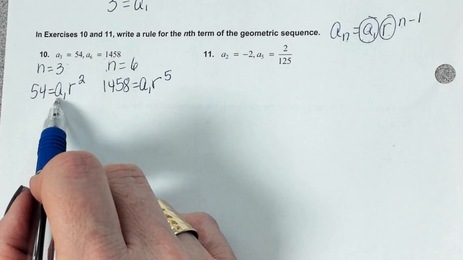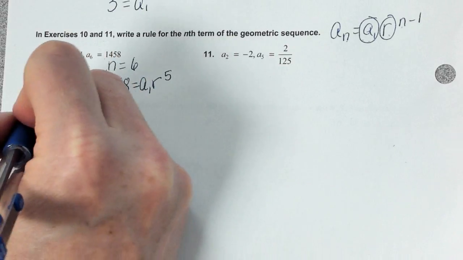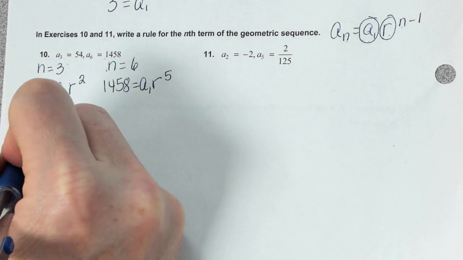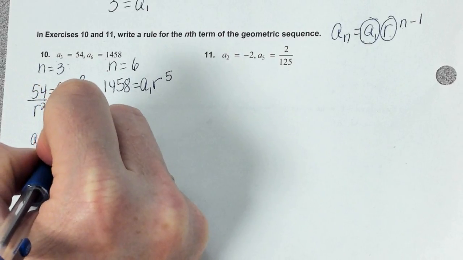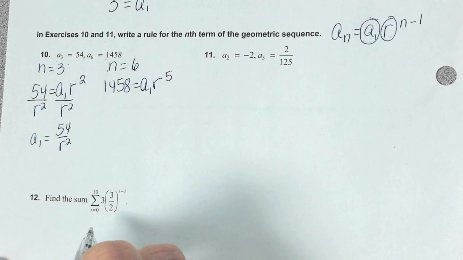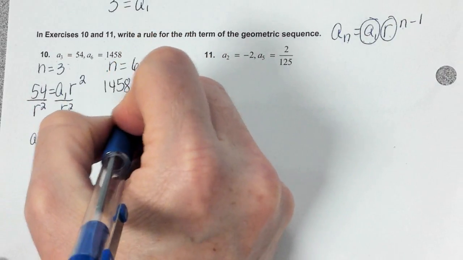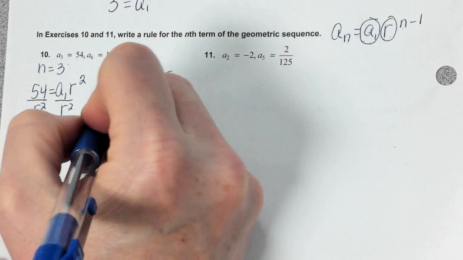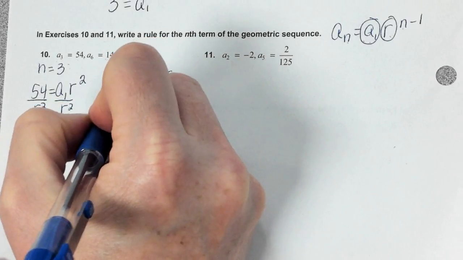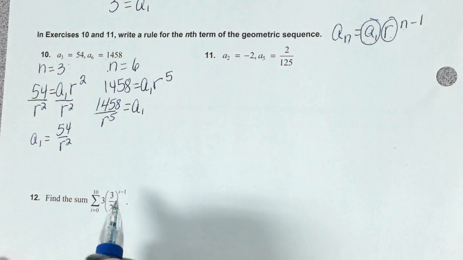So here's what I have to do. I'm going to solve this for a sub 1. So I'm going to divide both sides by r squared. So a sub 1 is going to equal 54 over r squared. I'm also going to solve this one for a sub 1. So what's a sub 1 here going to be? A sub 1 is, all right, 1458 over r to the 5th.